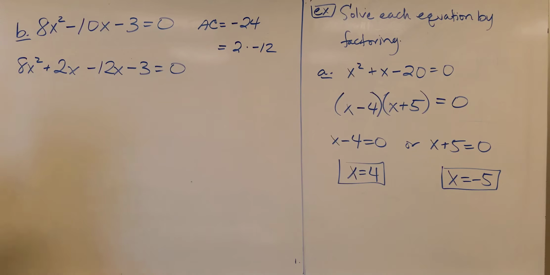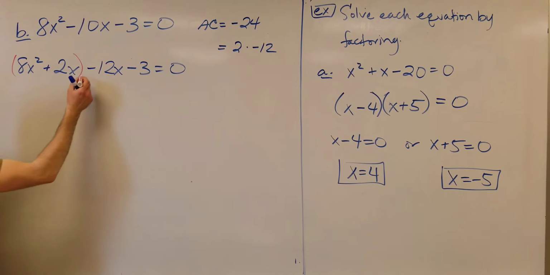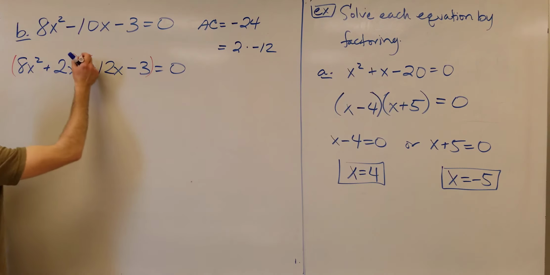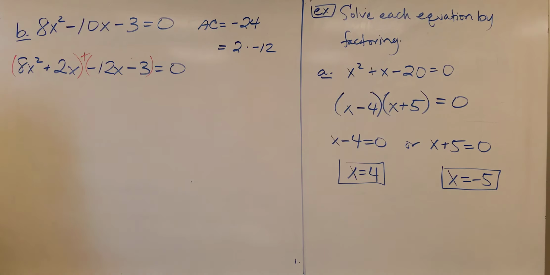All right, and then we want to do factoring by grouping here. So we're going to group these two, and then group those two, and make sure I get a plus in between them and my negative signs to go with everything. Okay, so what can we factor out of this term?